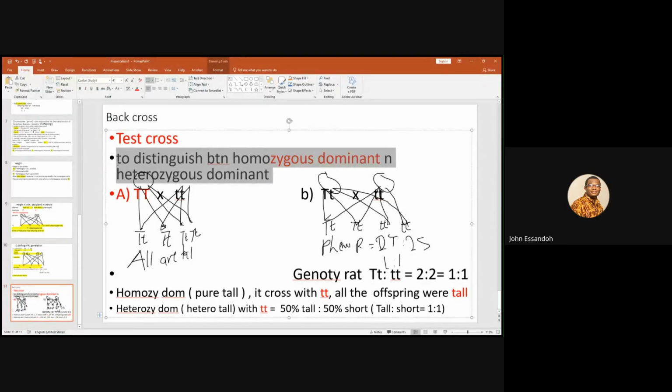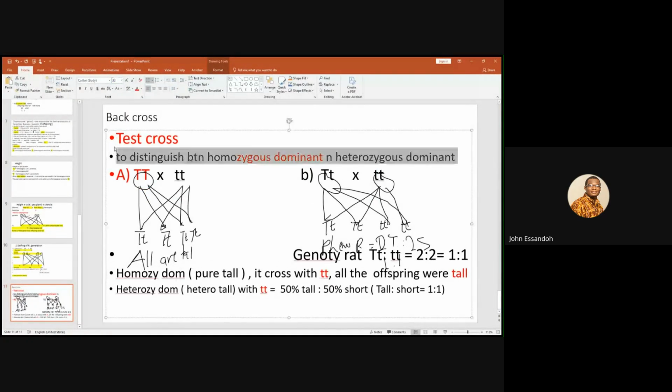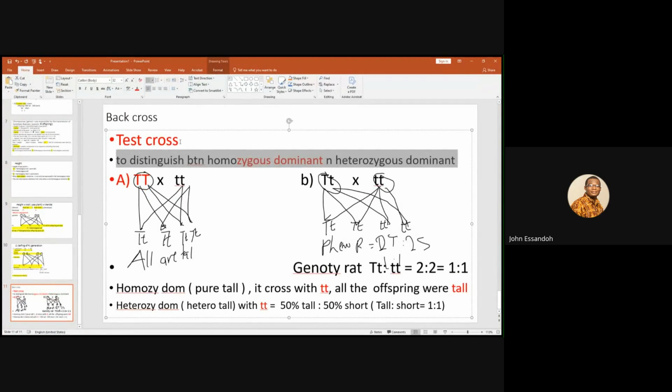So let's take it this way that you've given me two unknown genotypes. One of them is pure tall, another one is heterozygous tall. How would I know which one is pure tall and which one is heterozygous tall? So what I will do is let them cross with homozygous recessive.